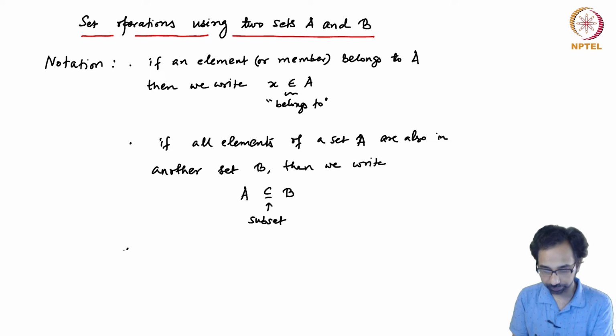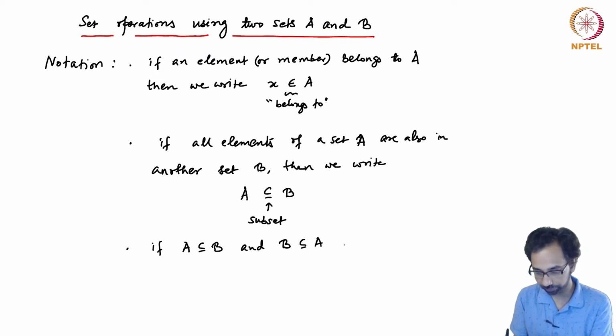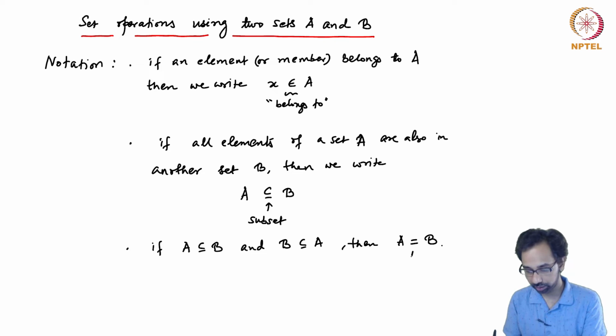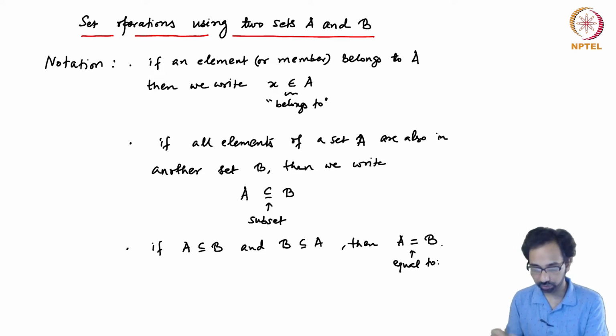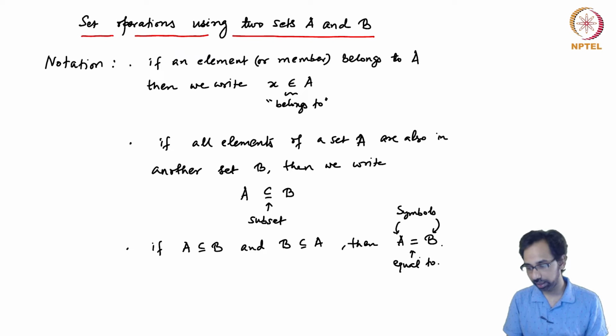And if A is a subset of B and B is a subset of A, then we write A equal to B. This is of course equality, and it just means that A and B are two symbols for the same object.